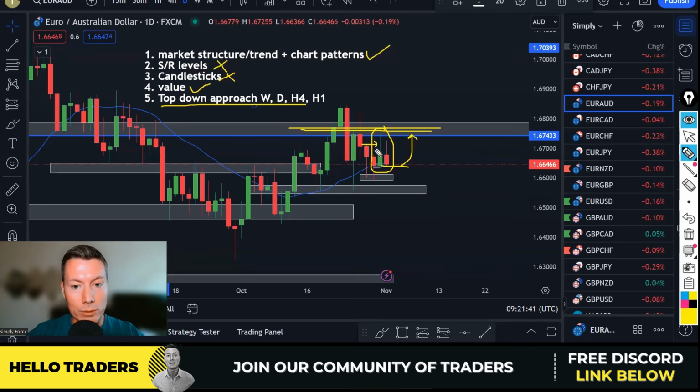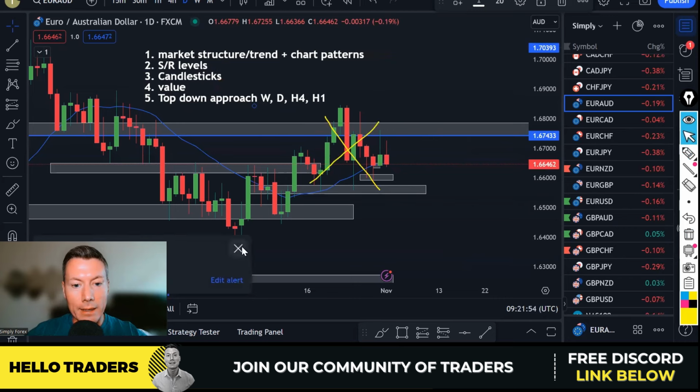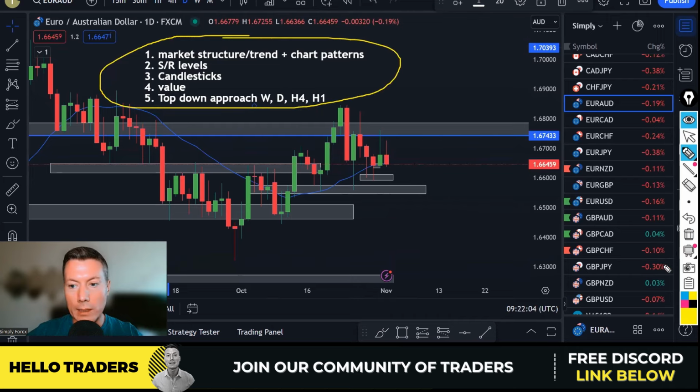Got a candlestick rejection at resistance. Value, okay, there is some value here. And the top-down approach, right? So I have looked at euro Aussie dollar, and it is a no trade, guys. Simple as that for those reasons. Now remember this, guys, because this is going to disappear. This is what I look at.